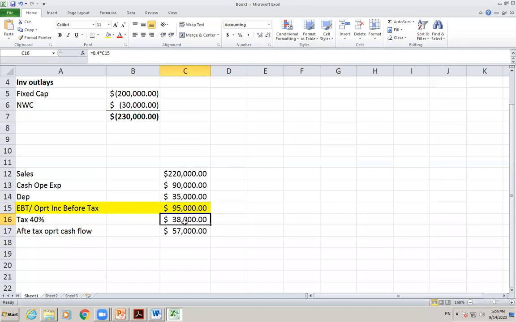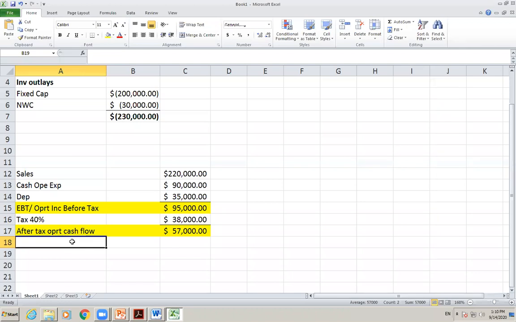Then I use the taxation of 40% on the income before the tax. My tax amount is 38,000. To get the after-tax operating cash flow, I should deduct the tax amount from this amount. So this is what I get as well.